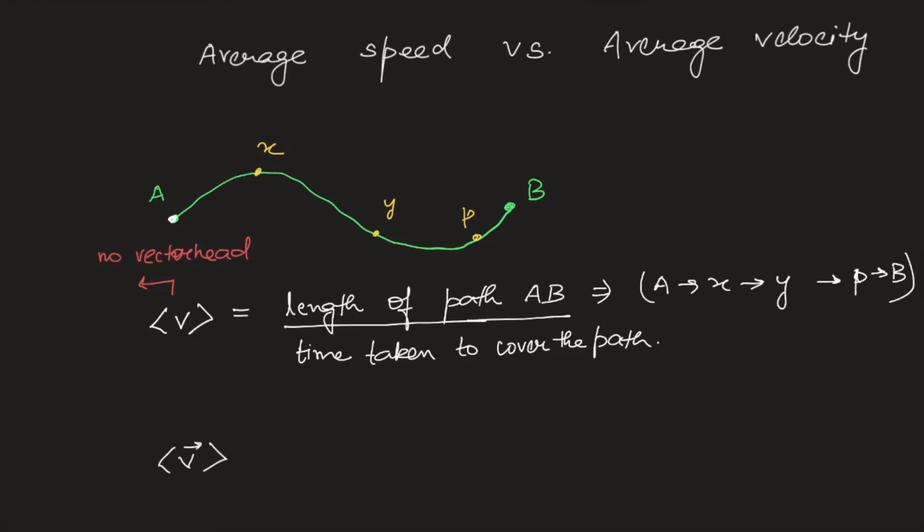Now what would be average velocity? Average velocity is going to be the displacement from A to B. This blue line, as you can see, is a straight line from A to B. This would be a vector quantity.